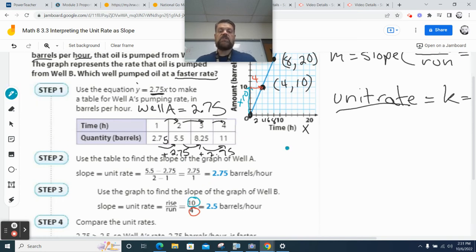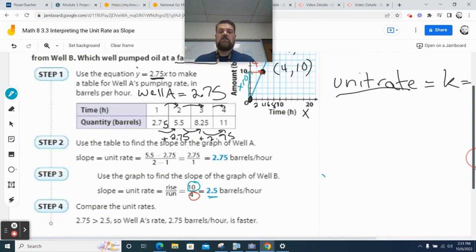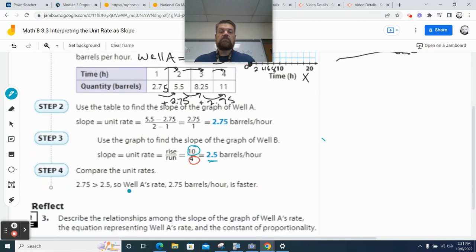That's where those numbers come from. What's 10 divided by 4? 2.5, right? 2.5. So which one has the faster rate? Well, A because 2.75 is faster than 2.5.